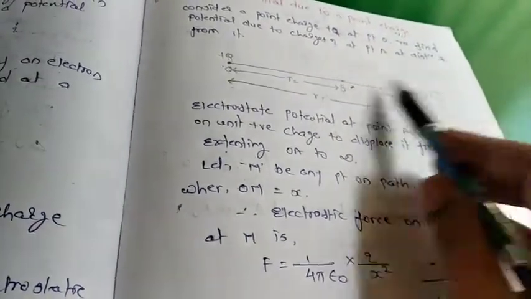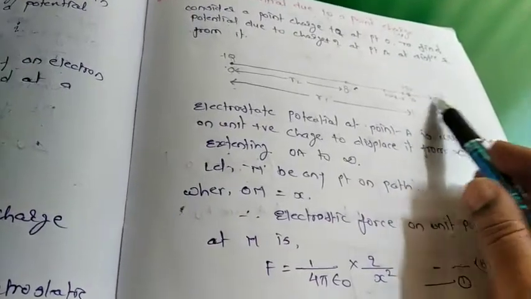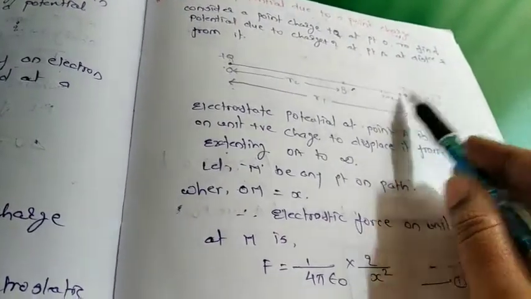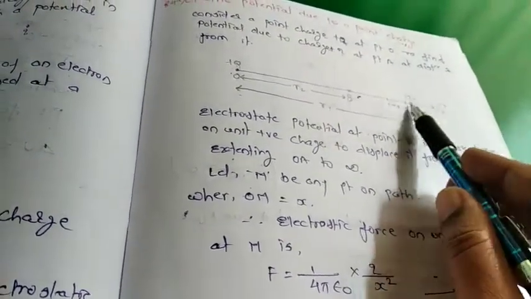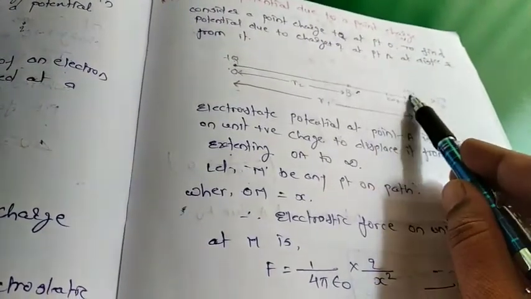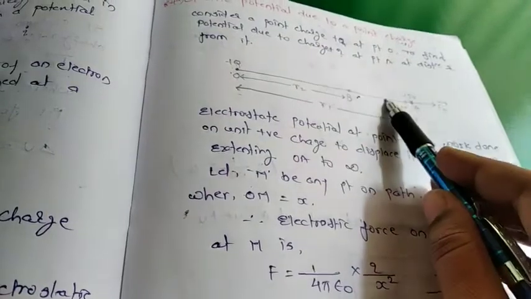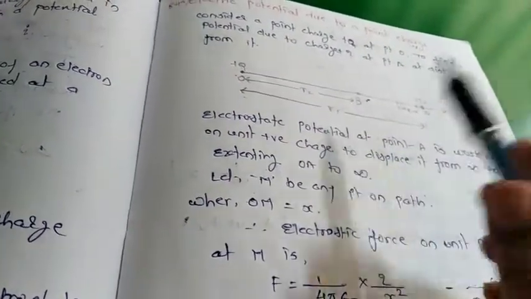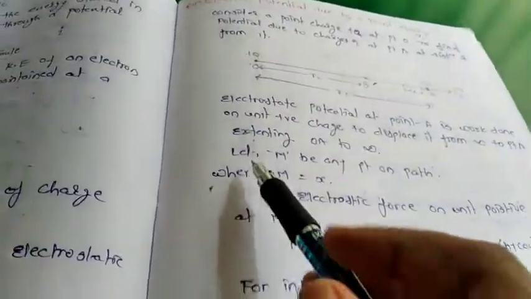So here this point is somewhere here, and to move this unit charge from infinity, or suppose this is the infinity point and here is the point A, to move this charge from this point to this point is nothing but the potential at that particular point.